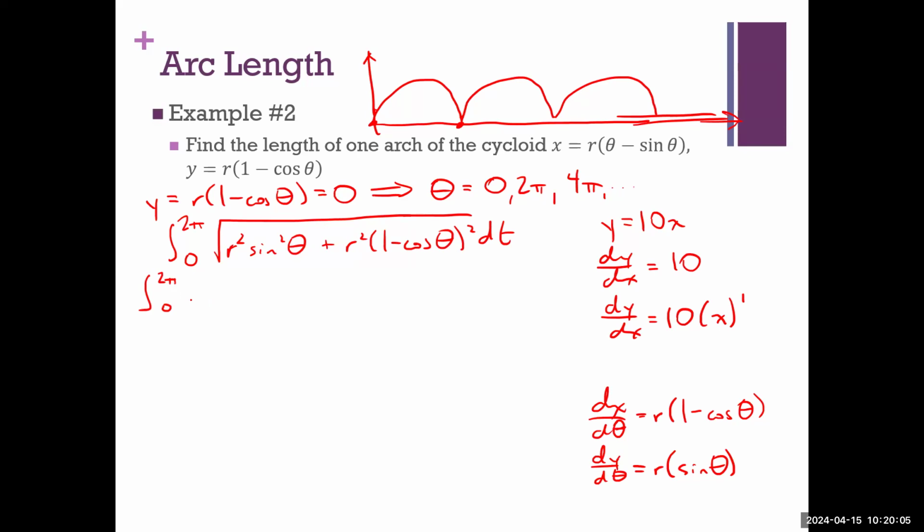Something else I'm going to do in the meantime is factor out this r squared. So the square root of r squared times sine squared theta plus 1 minus 2 cosine theta plus cosine squared theta.